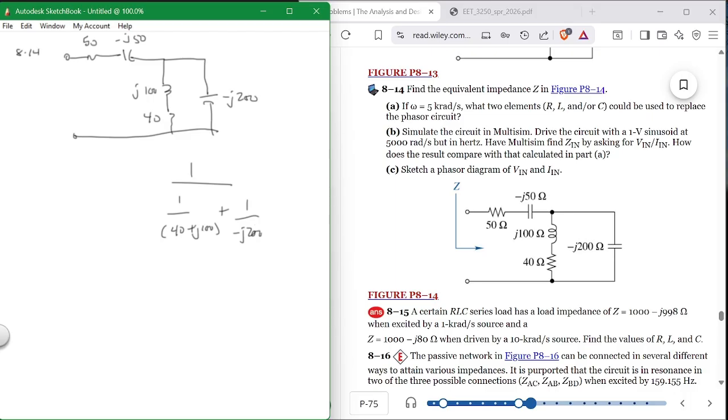So it's 50 minus 50i plus 1 divided by parenthesis 1 divided by parenthesis 40 plus 100i parenthesis plus 1 divided by minus 200i in parenthesis equals.